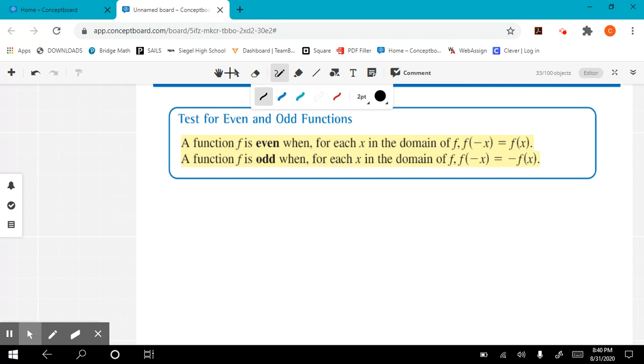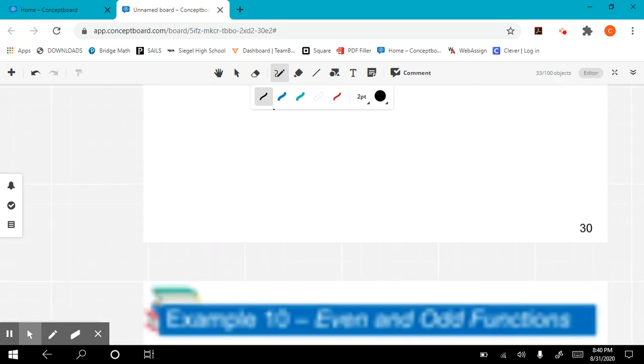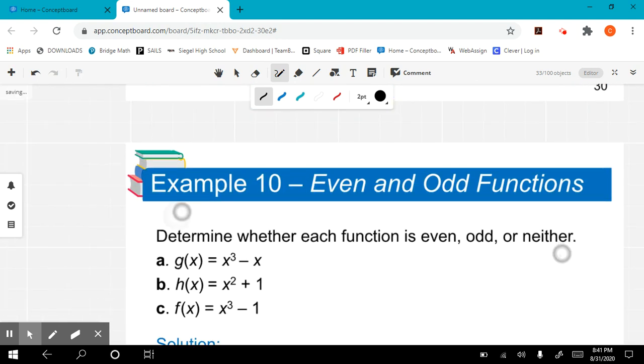That's where the x and negative x side by side still give me an output of y for both of them. It is odd when I put in a negative x, I get the opposite value of the function, right? The negative x gives me the negative y. So let me show you quickly how this works.